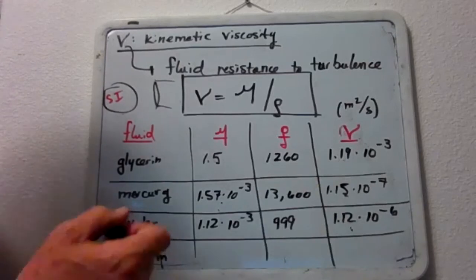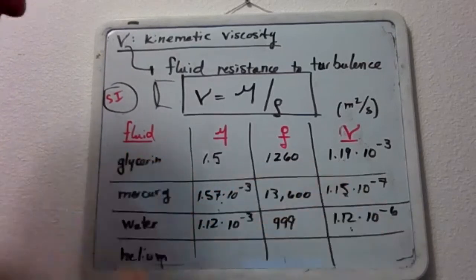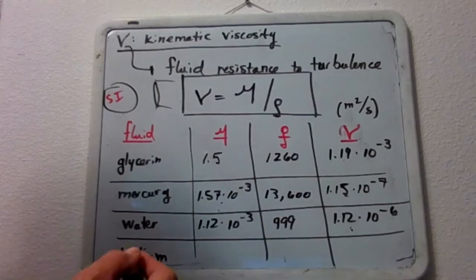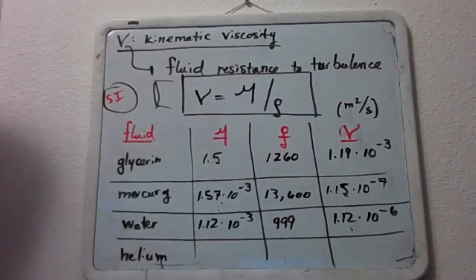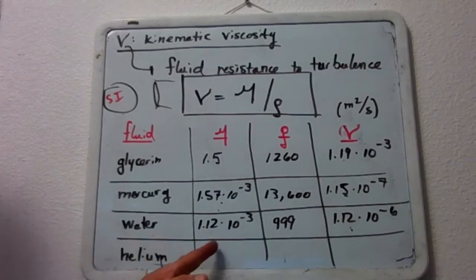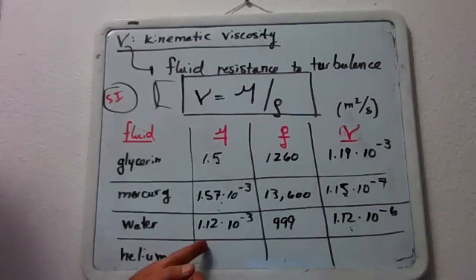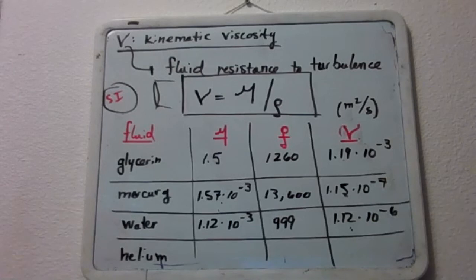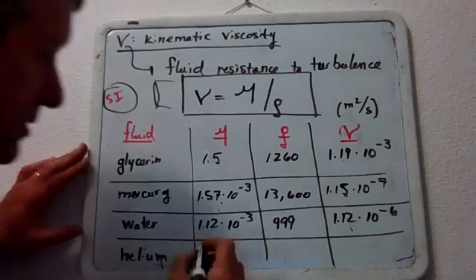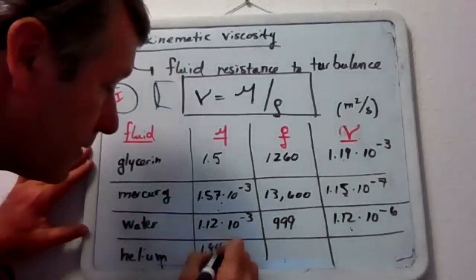So water is more likely to be turbulent than glycerin. Okay, let's do the last one, helium. I'm just going to pull the numbers from the table. What about the viscosity of the helium? I bet that helium's resistance to shear is incredibly low. So let me get that up there. And by the way, if any of my numbers look wrong, please let me know. I get for helium 1.94 times 10 to the -5.